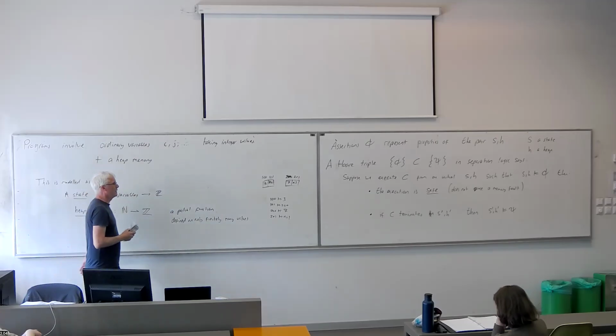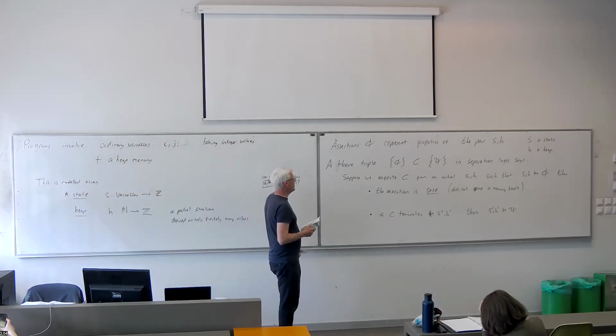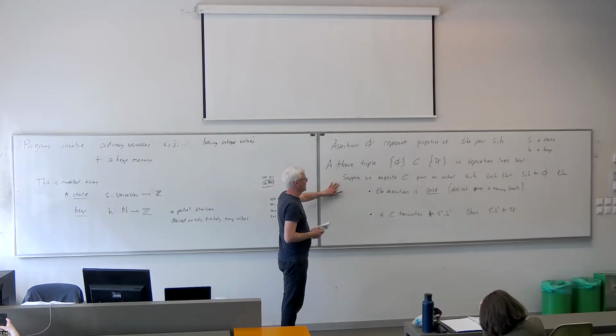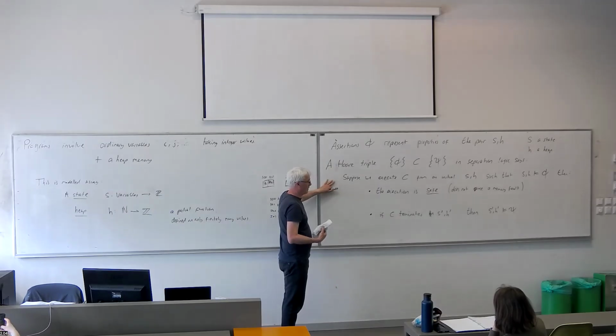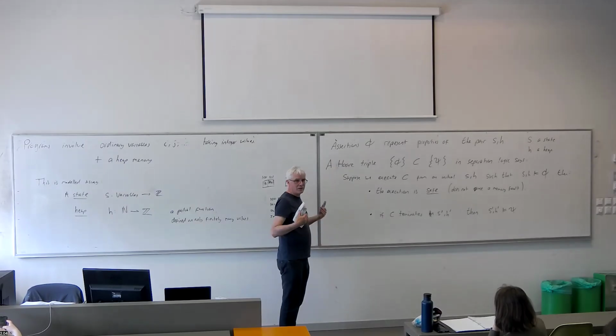Okay, so a crucial thing in separation logic is we want a means of verifying programs that is methodologically viable, and really the only methodologically viable way of verifying is to follow the program structure in a modular way, like in Hoare logic.